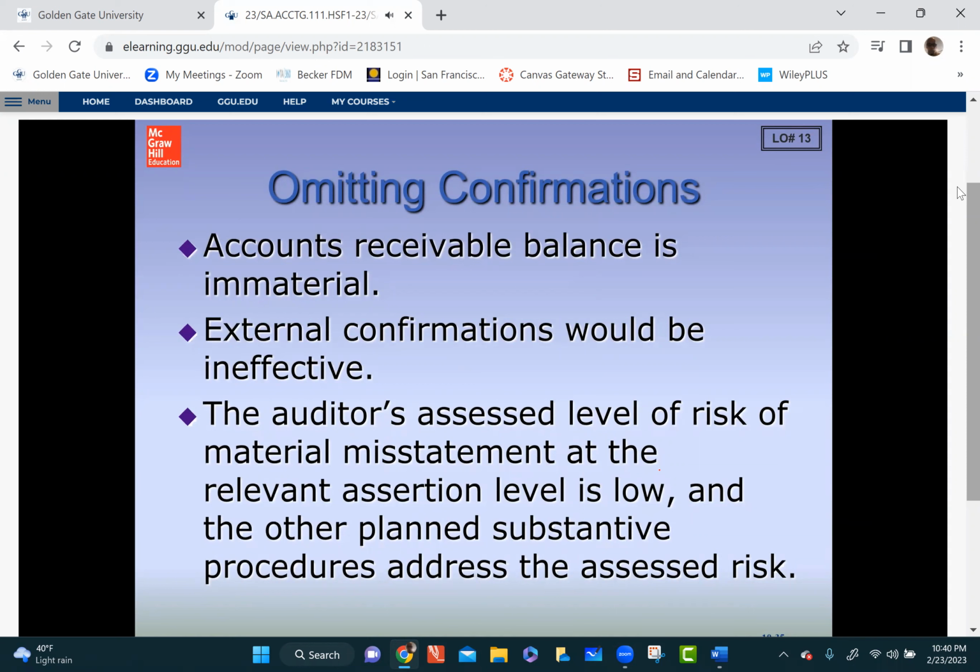Would you be able to see shipping documents for whatever product you were shipping to the client? So we'll look at that receivable balance and go out from it, and see that there's a shipping document that supports it. A little bit hard to do it for the entire balance.